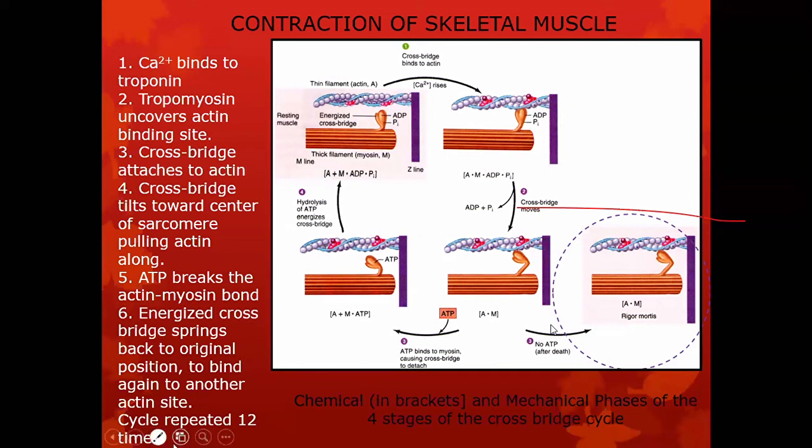It is only the cross bridges that do the action. The binding of ATP to the cross bridge will be repeated 12 times before contraction is elicited.